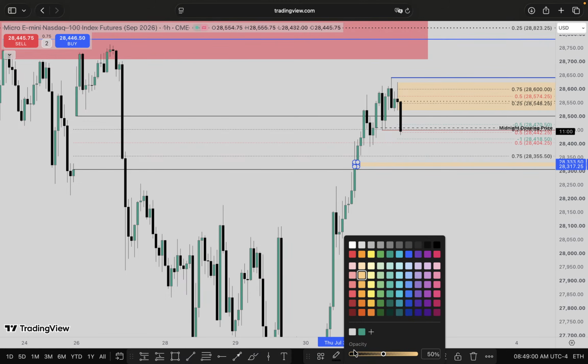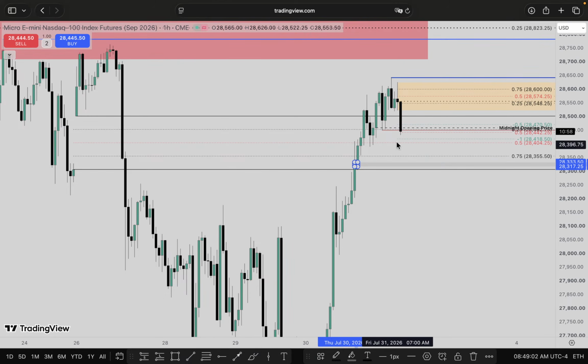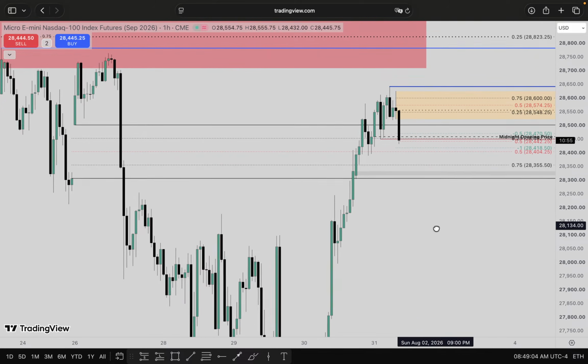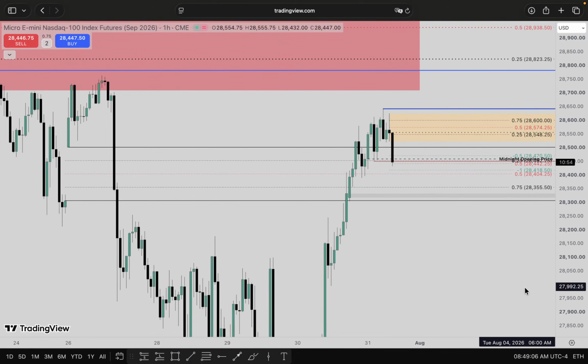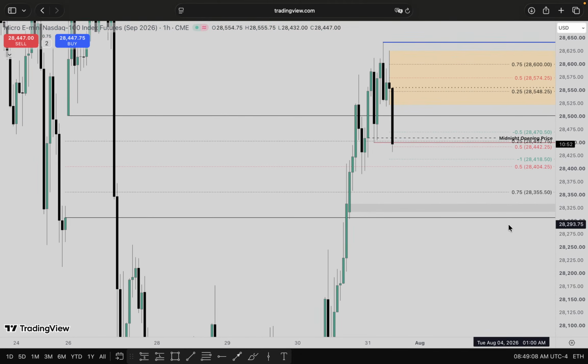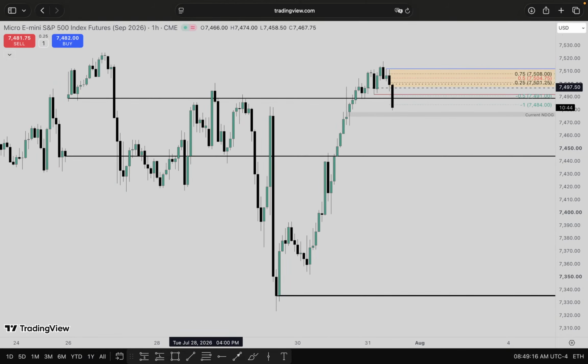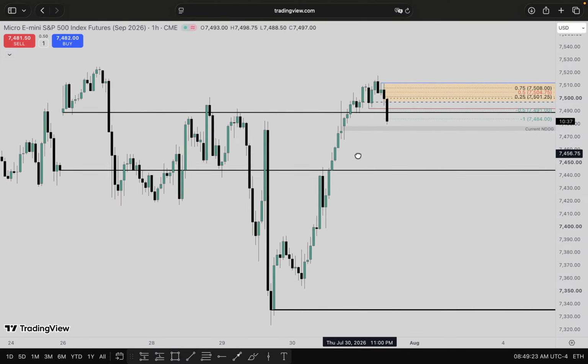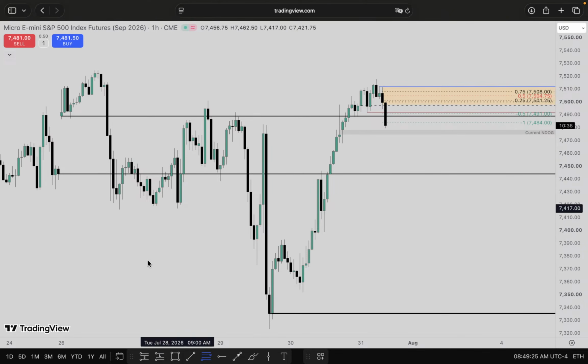So yeah, I definitely want to start seeing this, unless NQ wants to catch up and come down here. But ES is so close to it. If I go to ES real quick, see it, ES is a lot closer to this. Could put some fibs on here too, actually.